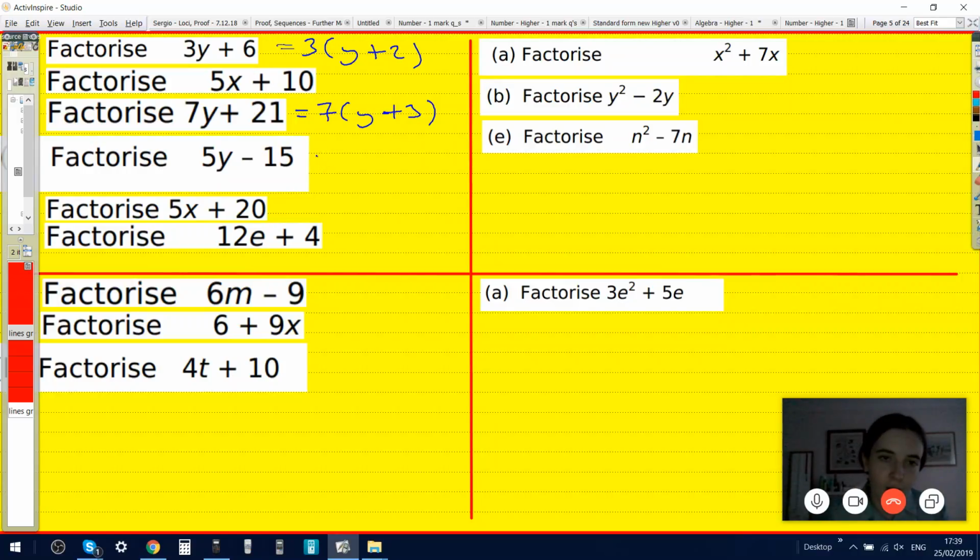Let's say this one. 5y minus 3. And last one. 4 3e plus 1. This one. 3 2m minus 3. We'll do all 3 of these.